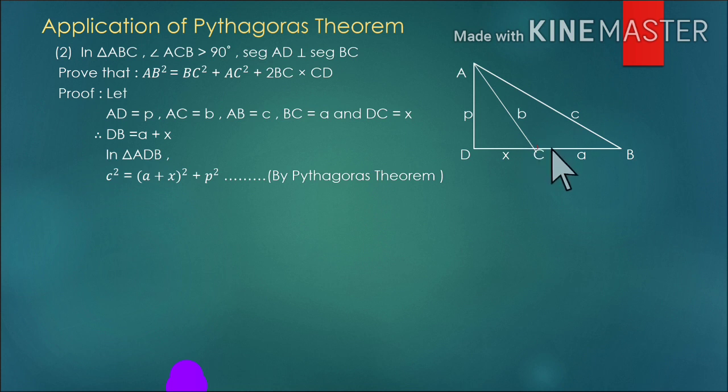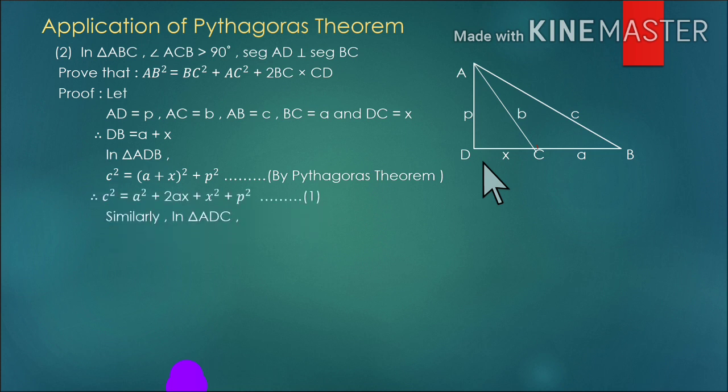AD is perpendicular to BC. Now we have to prove that AB square, the side which is opposite to the obtuse angle, AB square is equal to BC square plus AC square plus BC into CD.